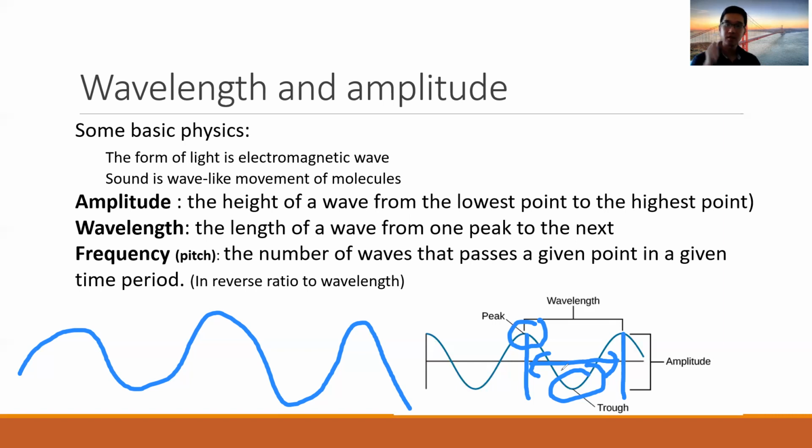We can tell which wave is faster. The wave with the frequency of 10 is much faster than the wave with the frequency of 2, right? Because there are more waves that pass that given point within the same time period. So when the wave's frequency is high, it means that it moves really fast.